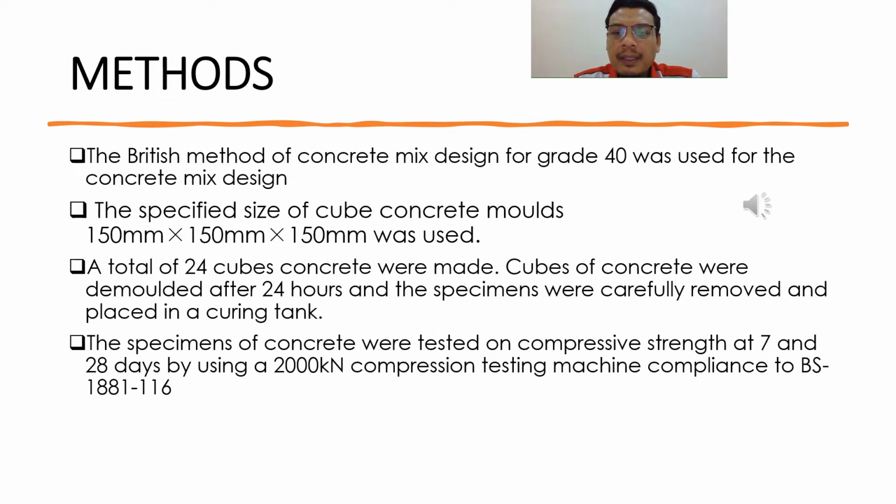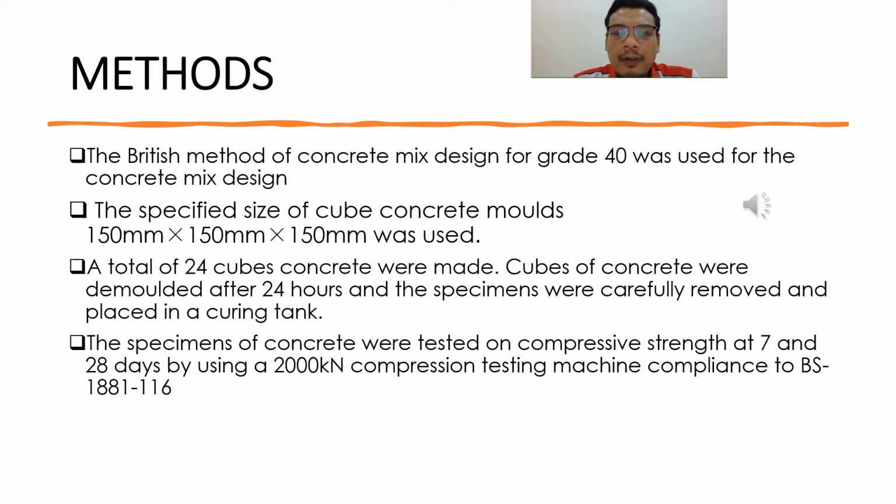of concrete were made. Cubes of concrete were demolded after 24 hours, and the specimens were placed in an oven at 70 degrees Celsius for 48 hours and then taken out from the oven and placed in a room at ambient temperature until testing.